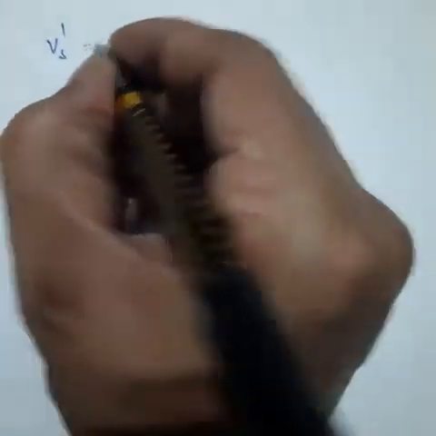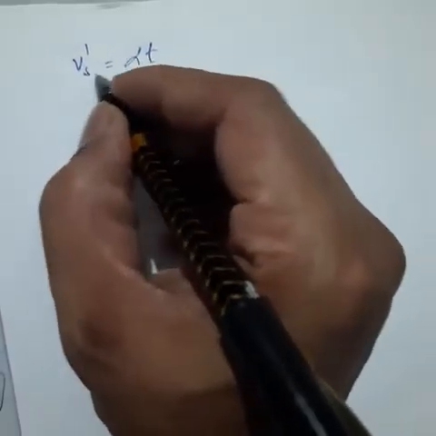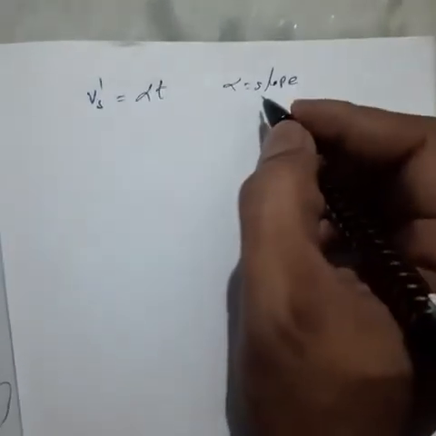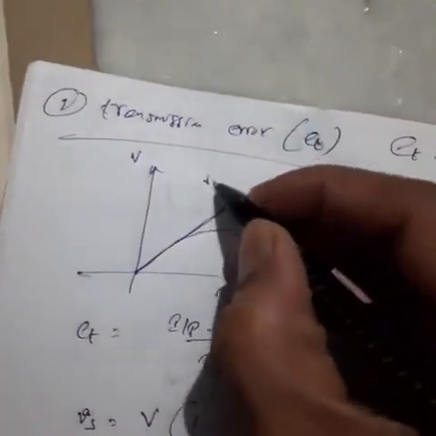Next, the input waveform is a ramp waveform. So we can write Vs dash equals alpha t, the standard equation for a ramp, where alpha is the slope of the ramp.